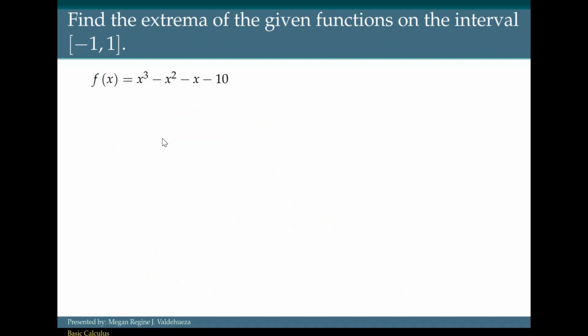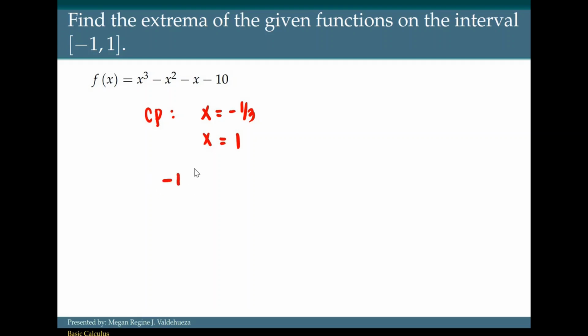So for this function, the critical points are x equal to -1/3 and 1. So since this belongs to the interval -1, 1, then we will consider these values, having our functional values, our table.